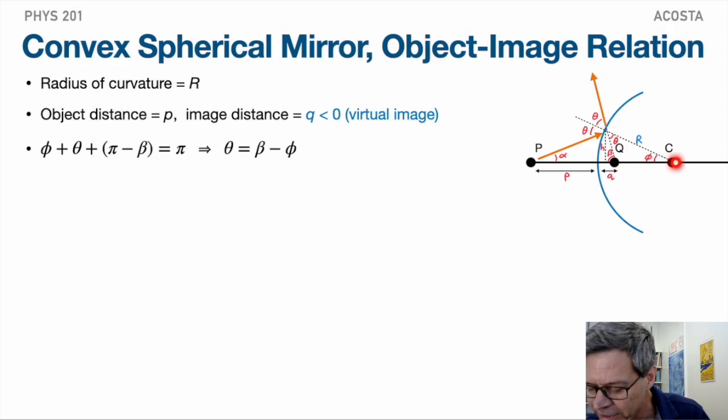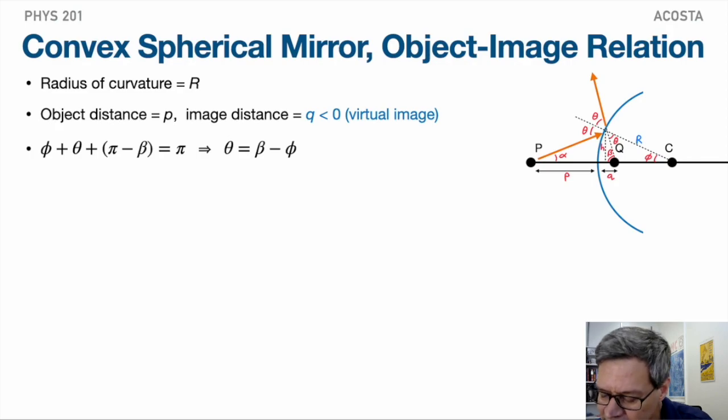I've got phi radians from the bottom right angle, and then I have theta. This is the angle of reflection and incidence. I get that because I can see that angle theta was out here with respect to the perpendicular to the surface, and by alternate interior angles, that angle theta is the same angle theta over here inside my triangle.